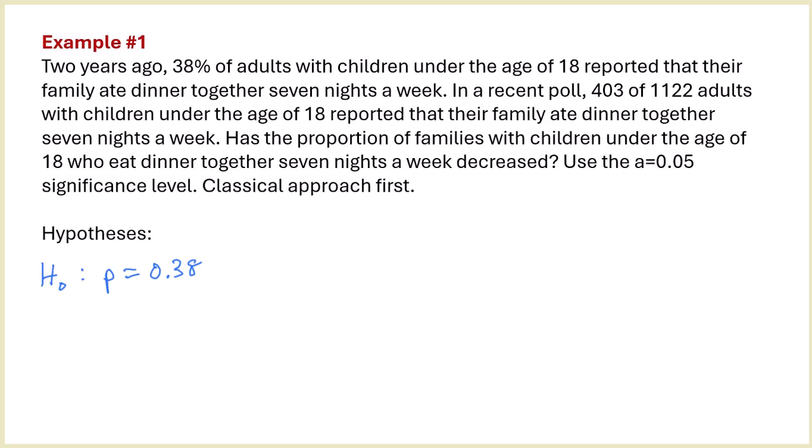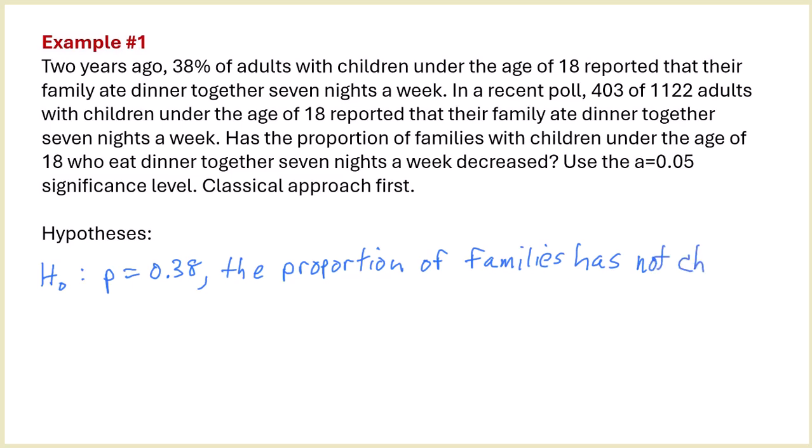We know about the other one. So in other words, this one I want you to write out in words. That 0.38 represents our new families. The proportion hasn't changed. It's the same as the old. So it's the status quo, nothing changed. But it's talking about our new present day families.